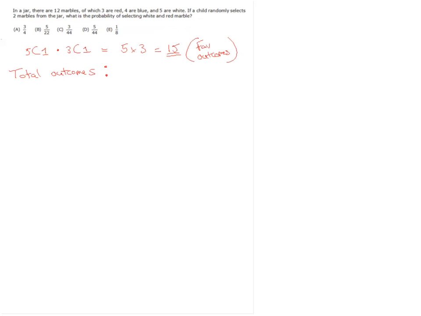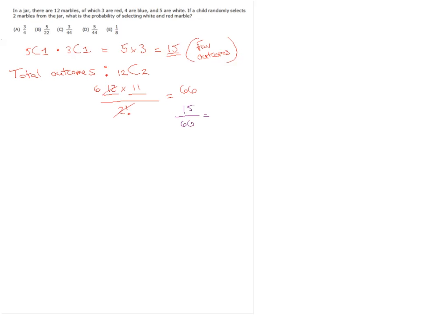So we're taking out any restrictions that exist. As everyone recalls from last week, the way I like to write these would be 12C2, 12 marbles, selecting 2. And if we use our box and fill method, we're dividing by 2 factorial. We have 12 times 11 divided by 2 factorial. We bring that in here. That's 66. So our grand answer is 15 over 66.